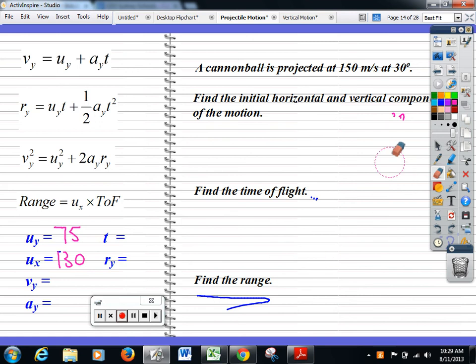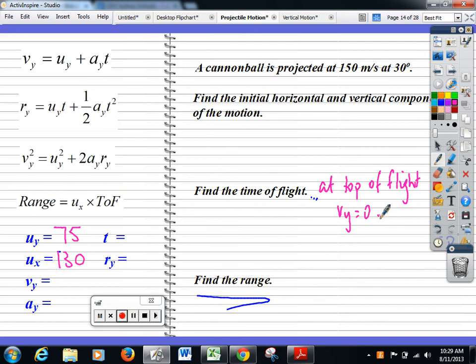We now can find the time of flight. To find the time of flight, at the top of the flight, Vy equals 0. Do you remember doing this yesterday?